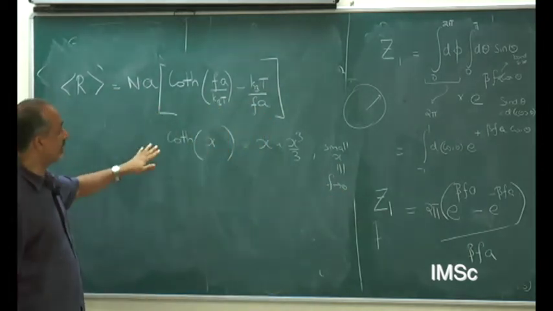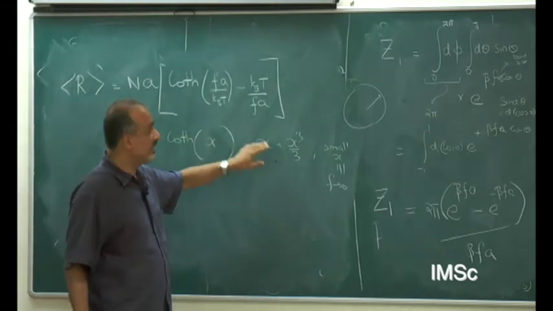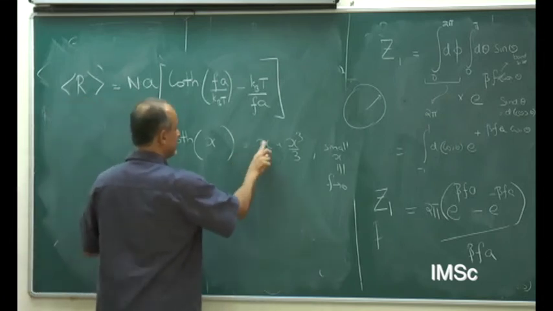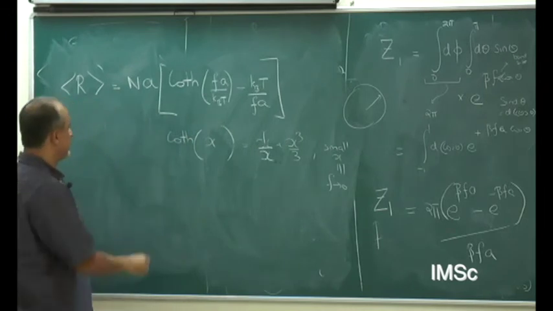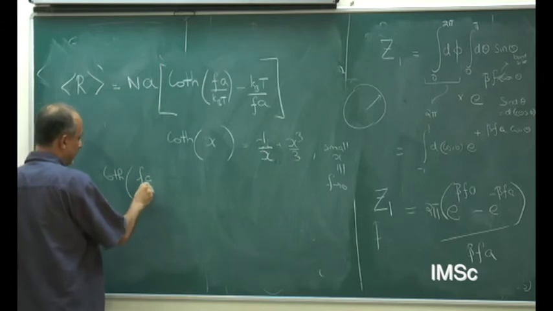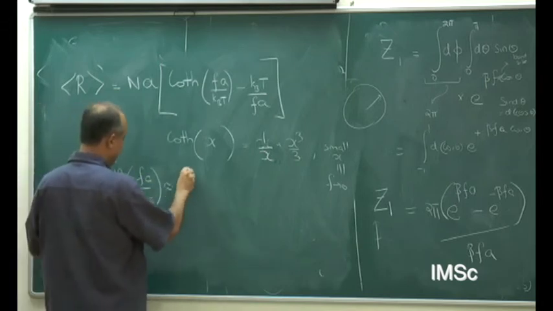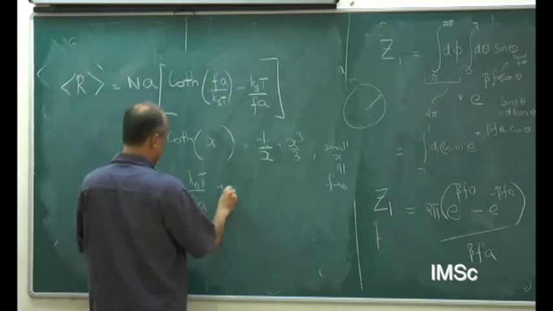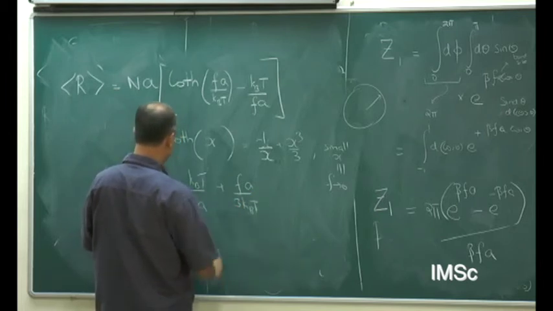So for very small F, I can always expand this in terms of this expansion. So if I do that, coth of F a divided by kBT is approximately kBT divided by F times a plus F times a divided by thrice kBT.